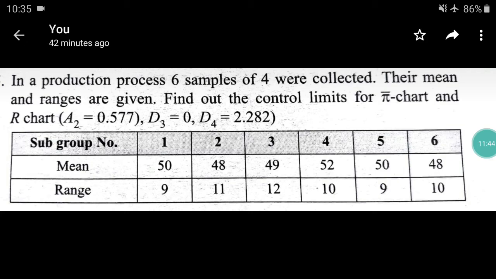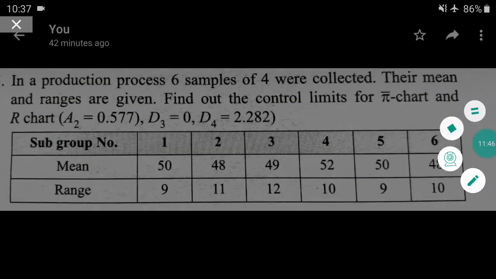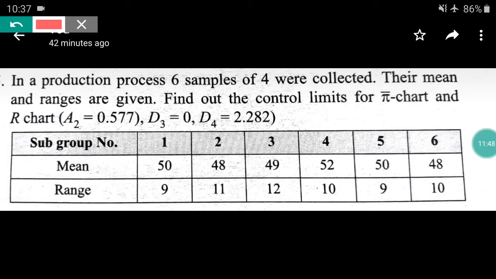Actually they have taken from 4, but these A2 values come from sample size of 5. Now you should take 5, sample size of 5.